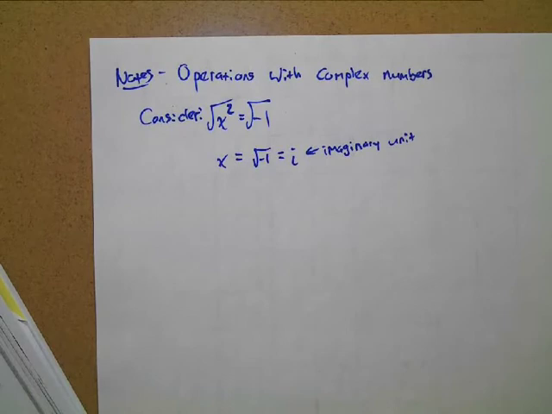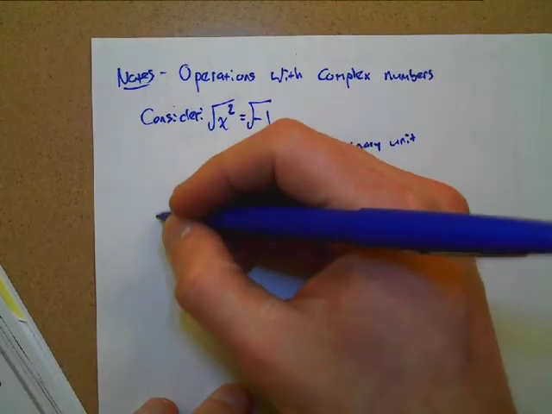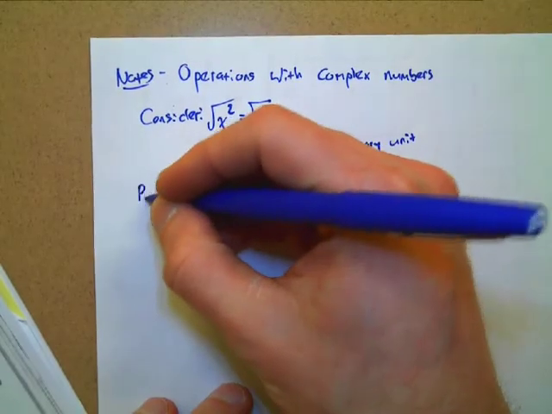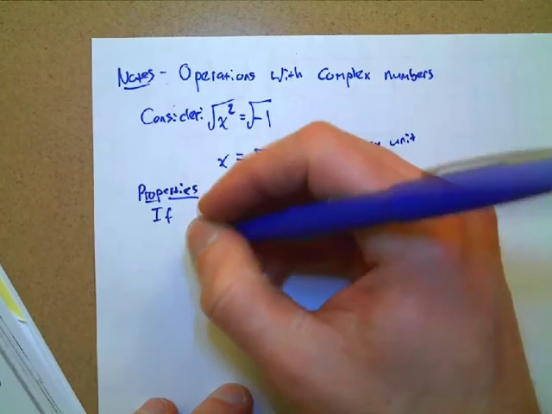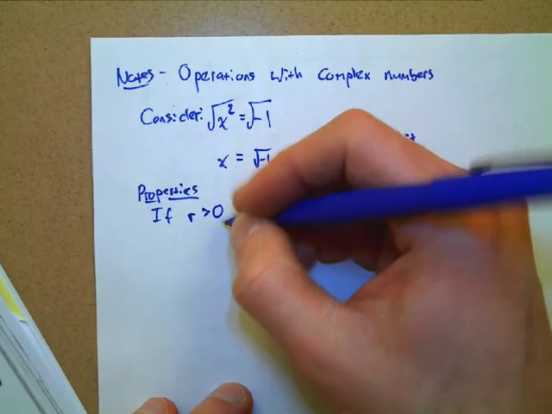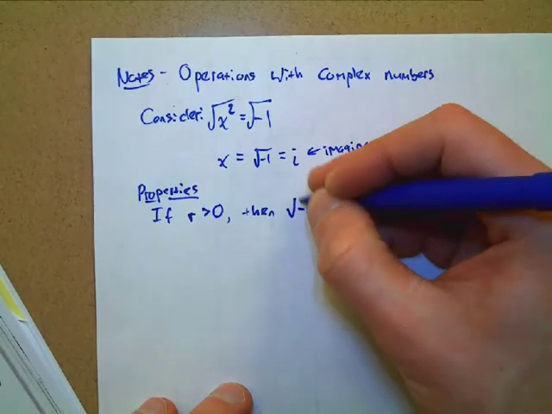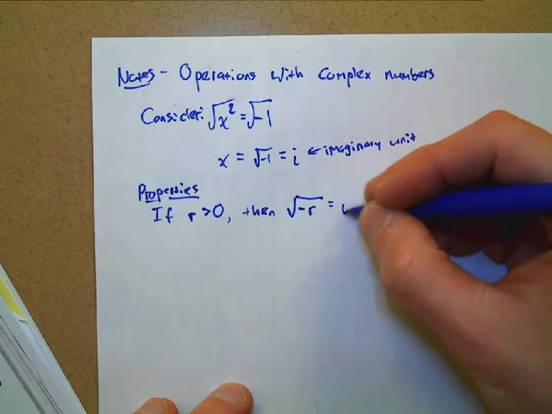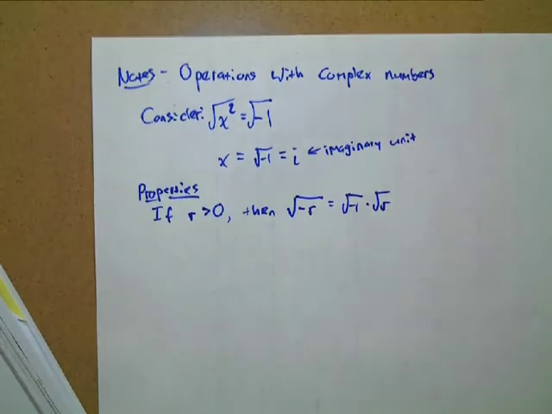So, some things with i, some properties here. If r is greater than 0, then the square root of -r will equal the square root of -1 times the square root of r, using that same property we talked about before, where we have a product and we can break up a square root over a product.